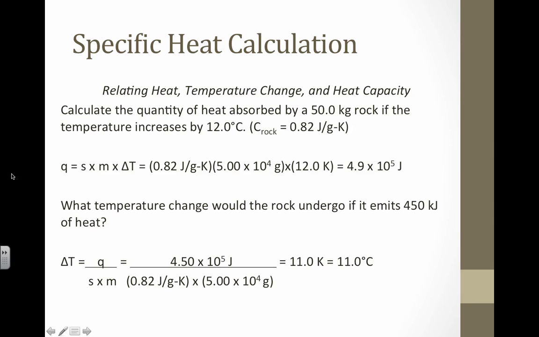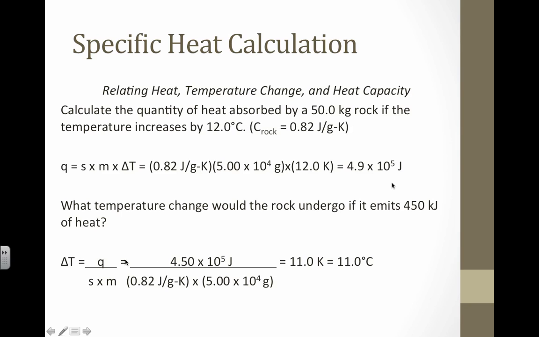So we can use our Q equals S times M times delta T. We substitute in our values, so 0.82 for our specific heat, the 5 times 10 to the 4th represents the mass in grams, and the 12 K is the change in temperature. Again, since we're doing temperature differences, it doesn't make a difference whether we're in degrees Celsius or kelvins. And so we figure out that there's 4.9 times 10 to the 5th joules of heat absorbed by the rock.